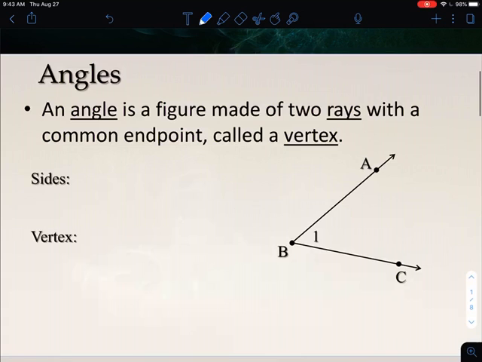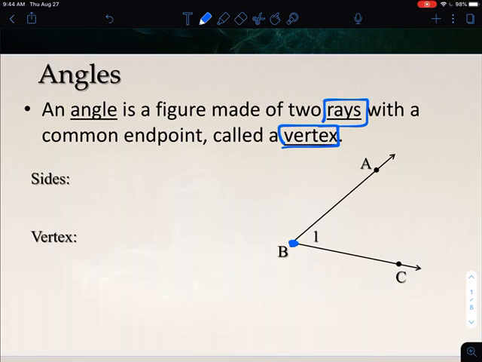So today, first thing we do is talk about the formal definition of an angle. An angle is a figure made up of two rays with a common endpoint called a vertex. With an angle, you're going to see a point where you have multiple rays, maybe 2, maybe 3, 4, whatever, rays coming off of that one point, creating multiple angles like we see down below here.